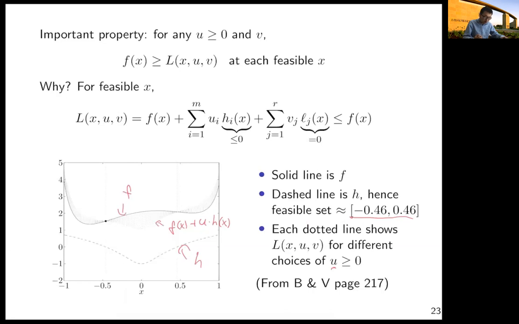When u is 0, you get exactly f. When u is larger than 0, you move more towards this h. That is an illustration. As you can see, within the feasible region, by adding this h to f, you always get a lower bound that supports f from below.